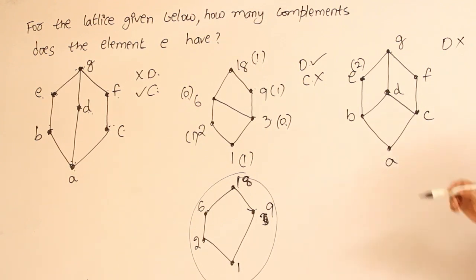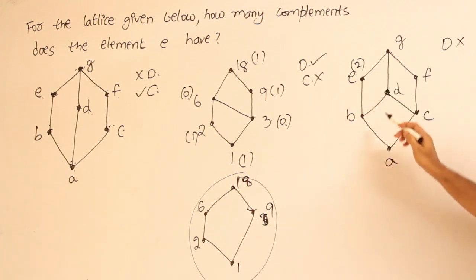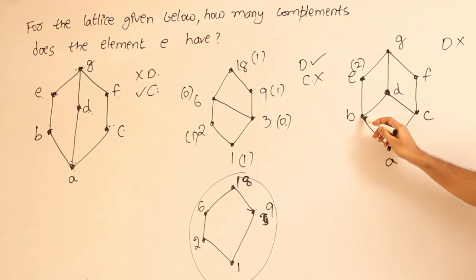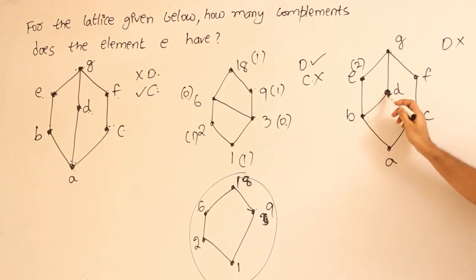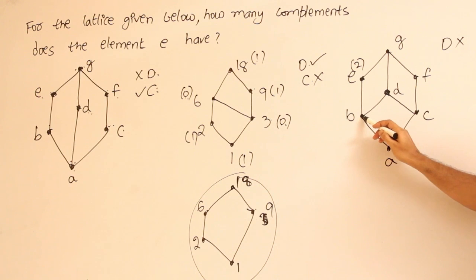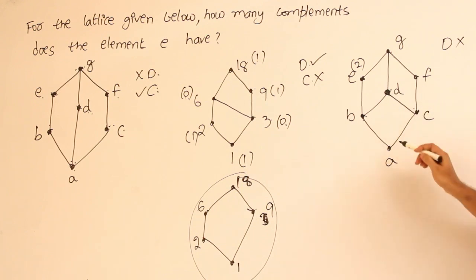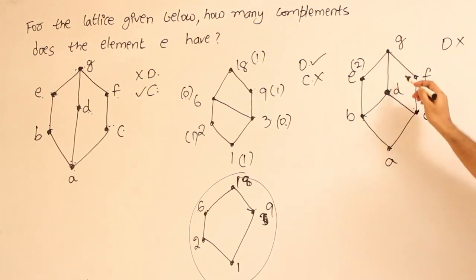Now, what is the complement of D? If you look at D, E cannot be a complement because they meet at B, and F cannot be a complement because they meet at C, and D cannot be a complement because they are directly related, isn't it? Therefore, the least upper bound and greatest lower bound are going to be B and D itself, and the same thing applies here also. A cannot be a complement and G cannot be a complement.